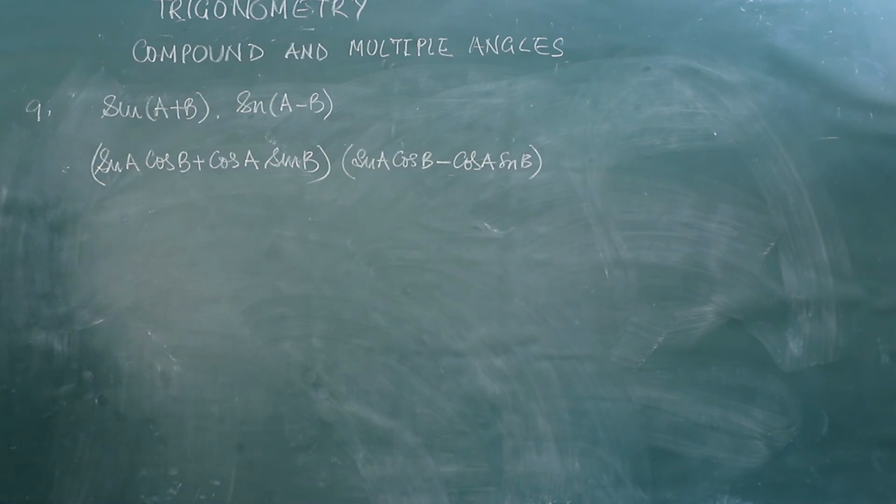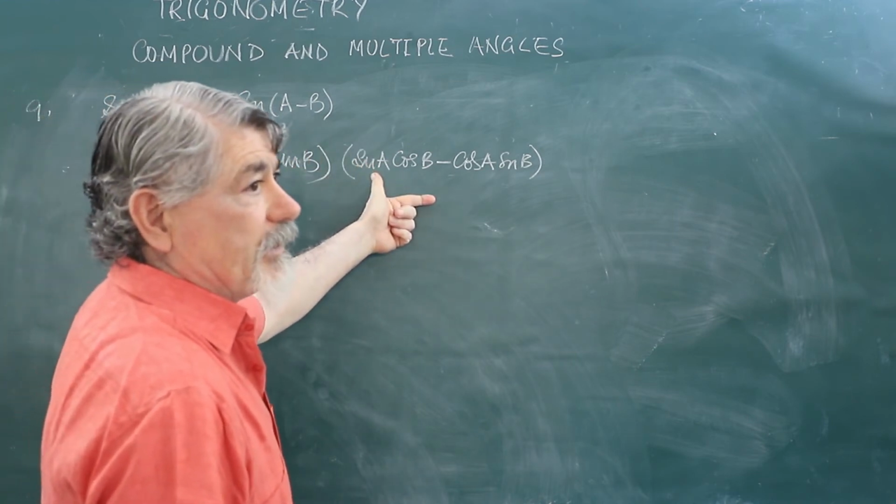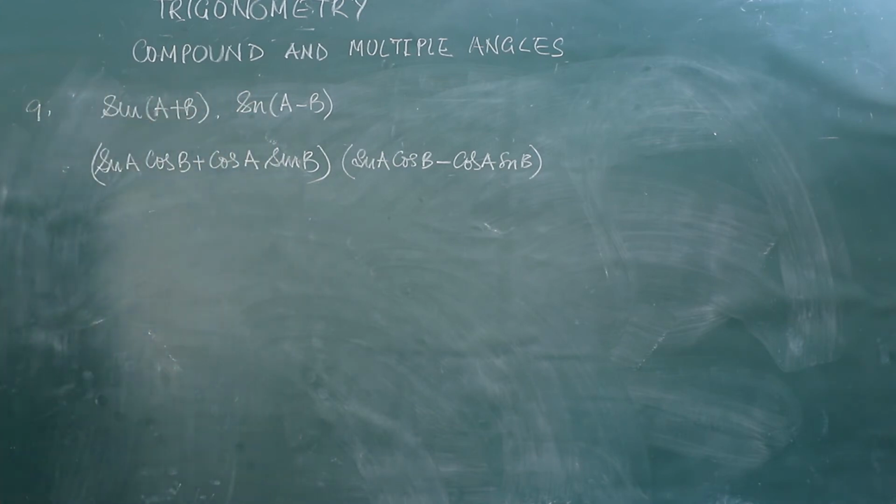So what will it become? (A plus b) into (a minus b), so it will become a square minus b square.